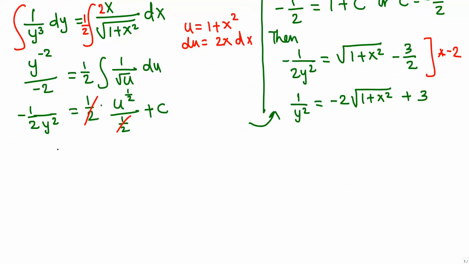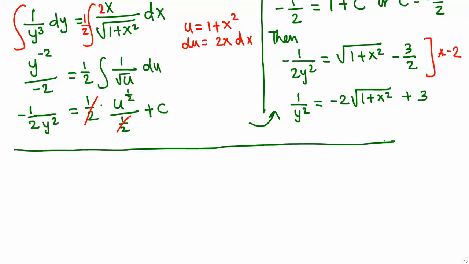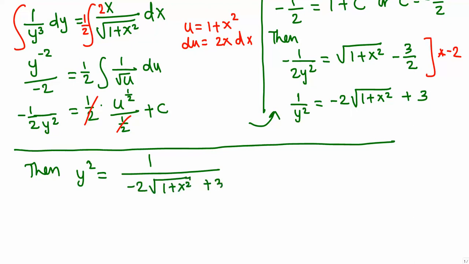So 1 over y squared, then take the reciprocal of both sides. So y squared over 1, and the reciprocal means 1 over everything, 1 over negative 2 times the square root of 1 plus x squared plus 3.